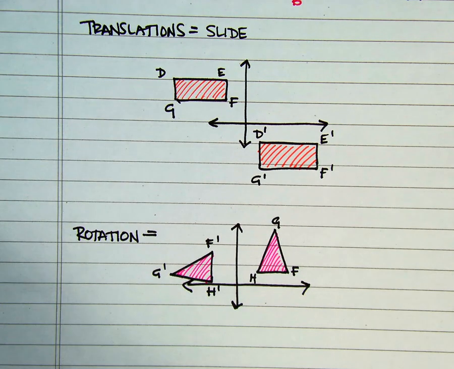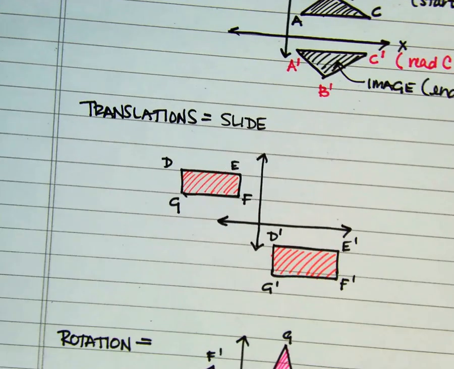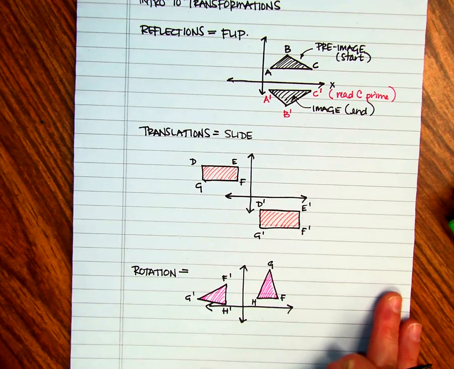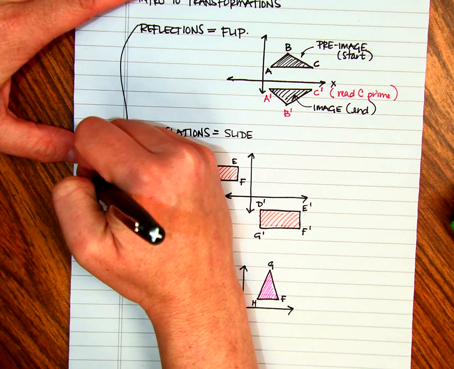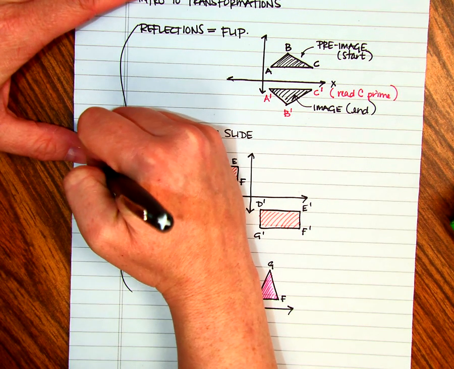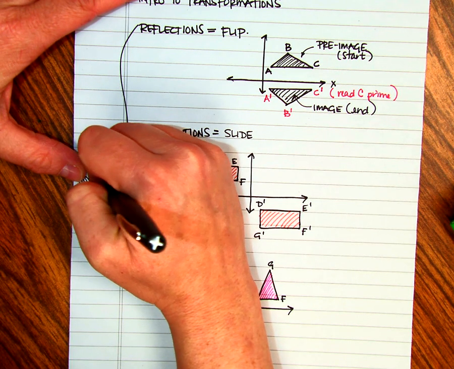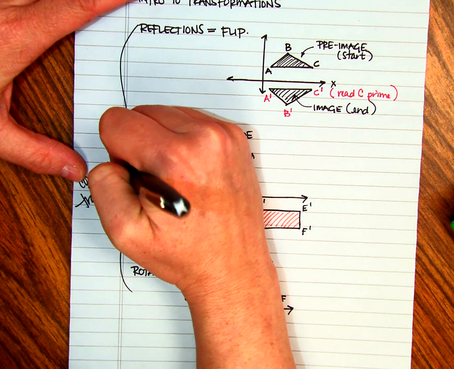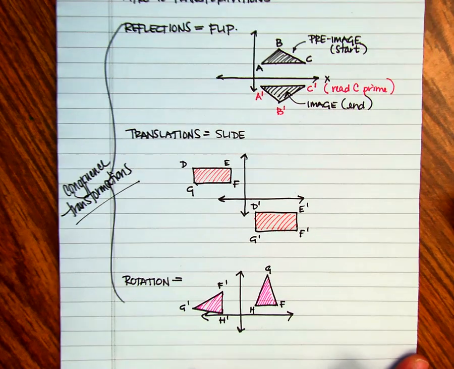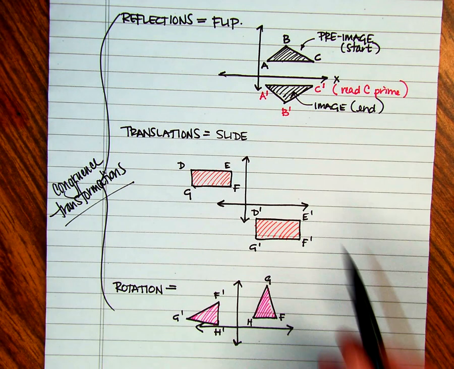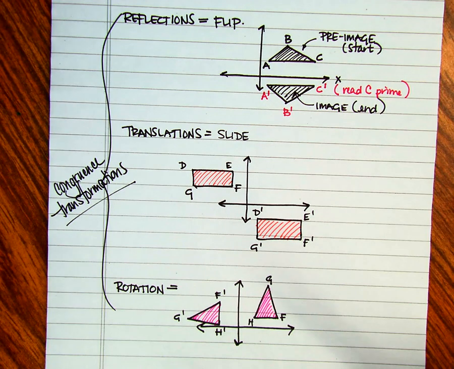Okay? All 3 of these, reflections, rotations, and translations, let me zoom out here a minute, are known as congruence transformations, because the shape you start with and the shape you end with are exactly the same.